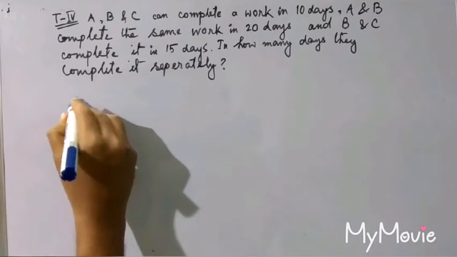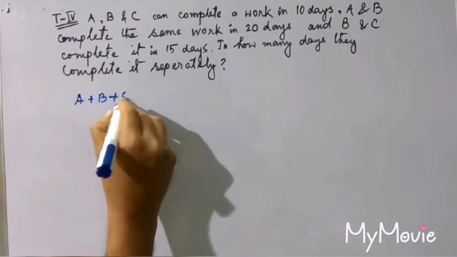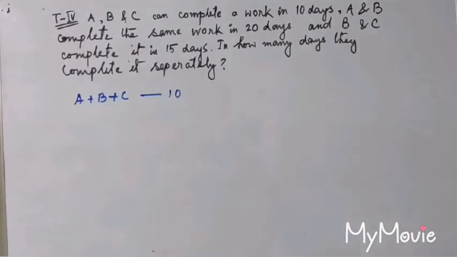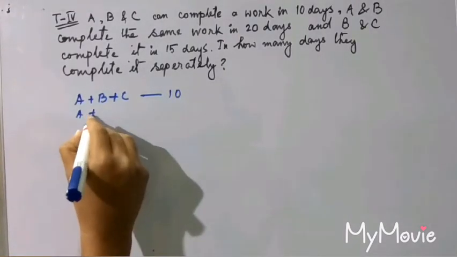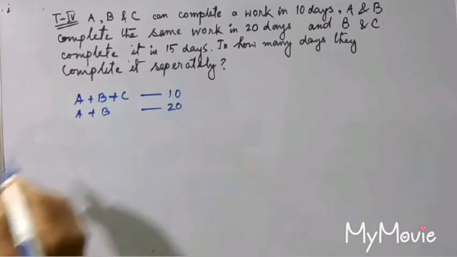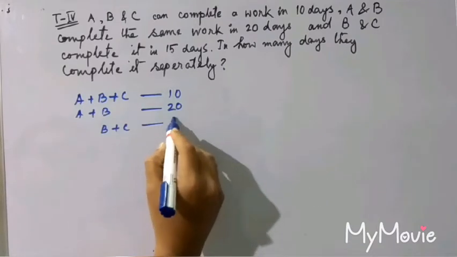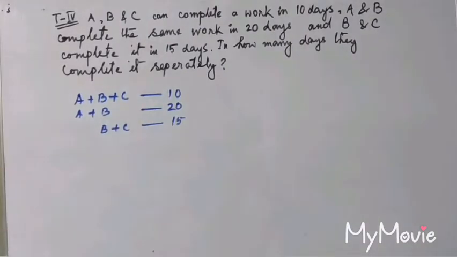ABC can complete a work in 10 days. A and B complete the same work in 20 days. B and C complete the same work in 15 days.